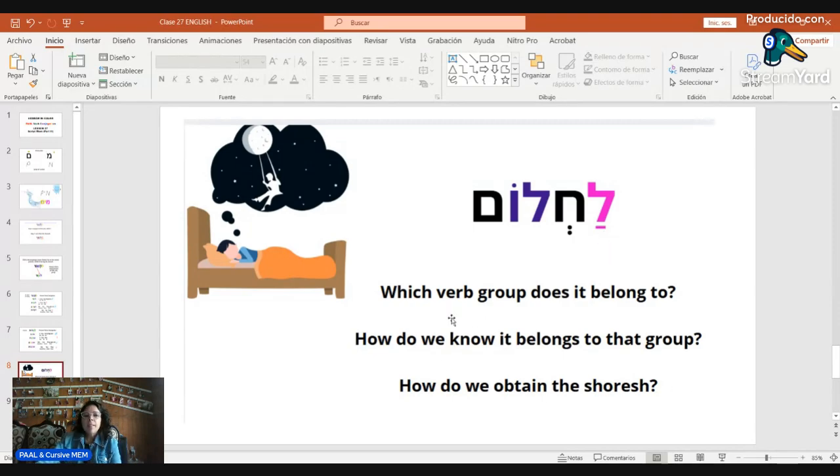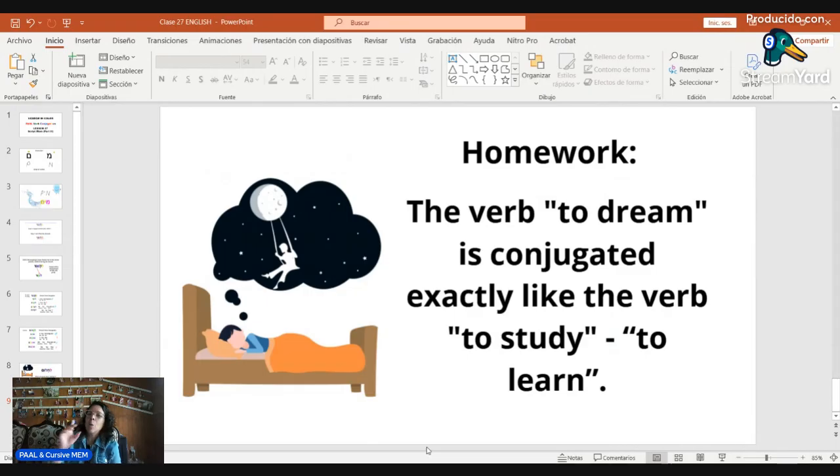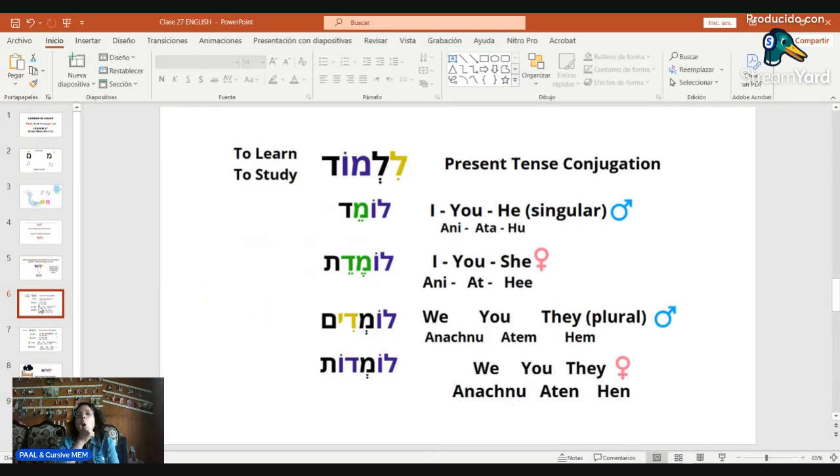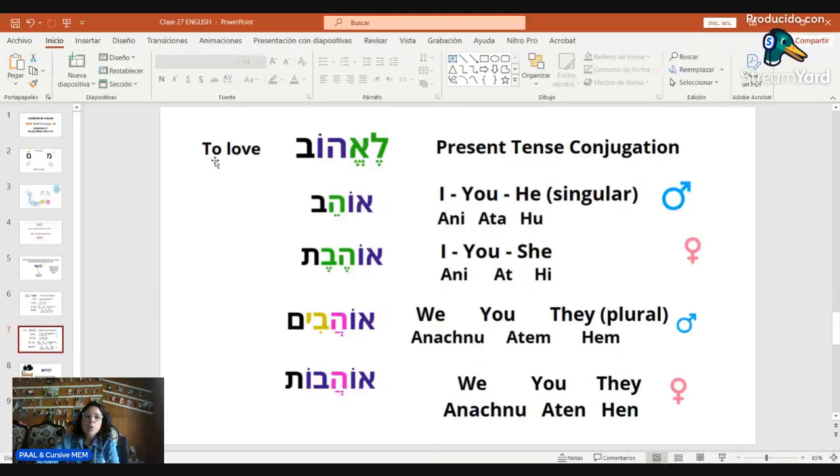We need to know which verb group it belongs to. It has a holam vav in this position. How do we know it belongs to that group? How do we obtain the shoresh? Homework: the verb to dream is conjugated exactly like the verb to study. Why not like the verb to love?